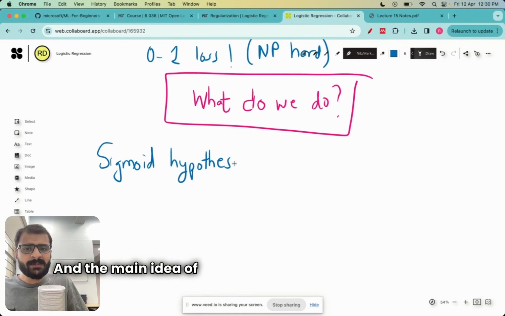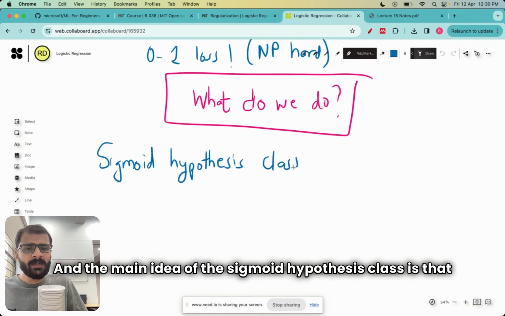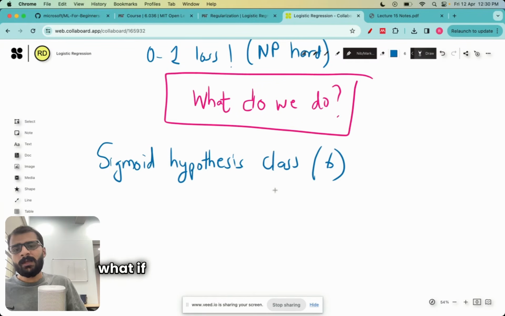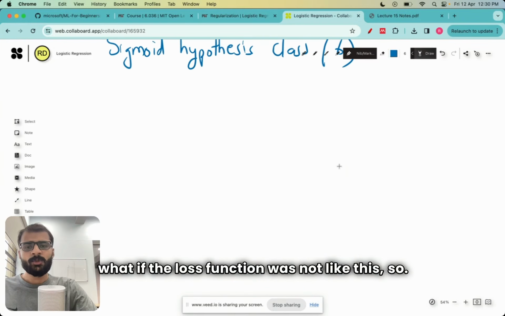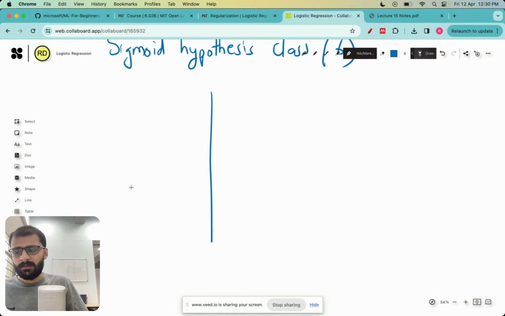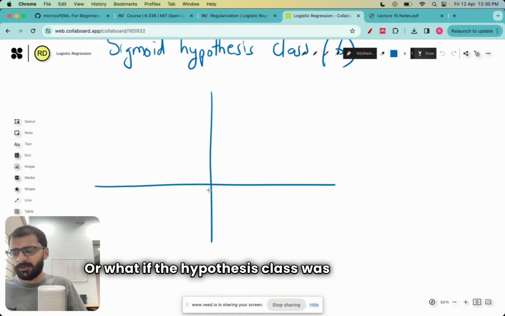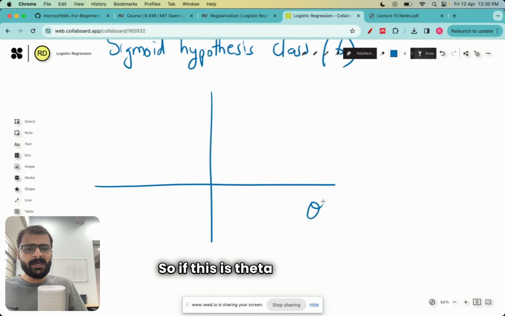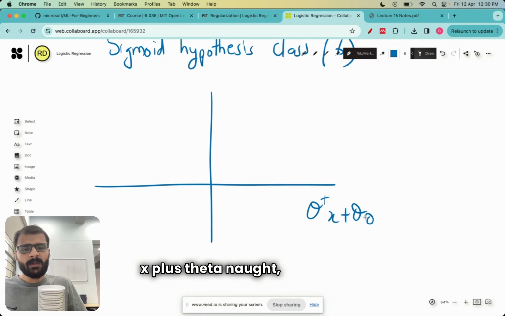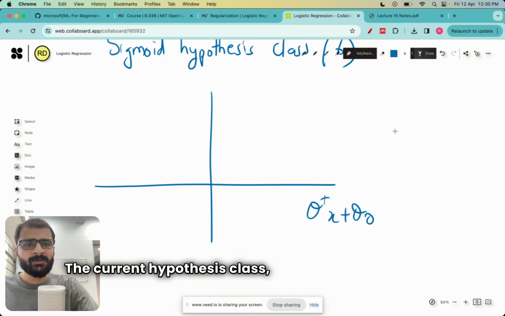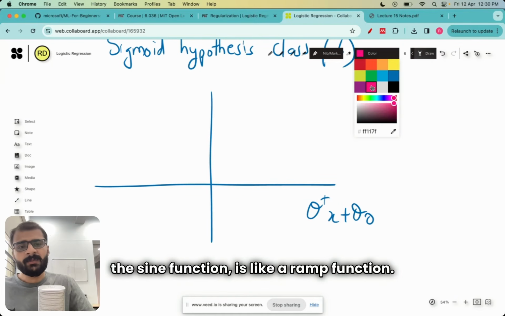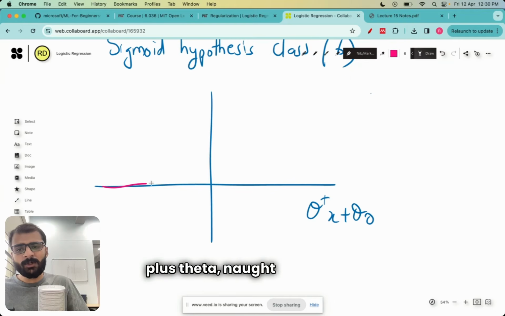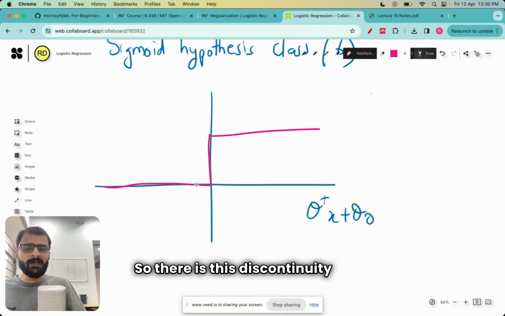The main idea of the sigmoid hypothesis class is, what if the hypothesis class was not like this? If this is theta transpose x plus theta naught, the current hypothesis class, the sign function, is like a ramp function. If theta transpose x plus theta naught is negative, it will be 0, or else it will be 1, so there is a discontinuity here.